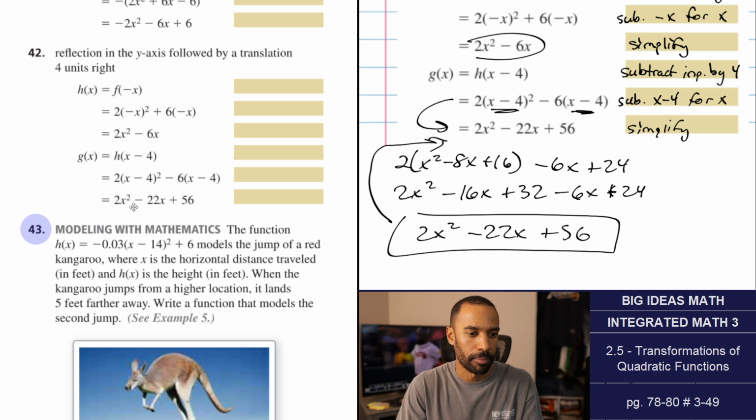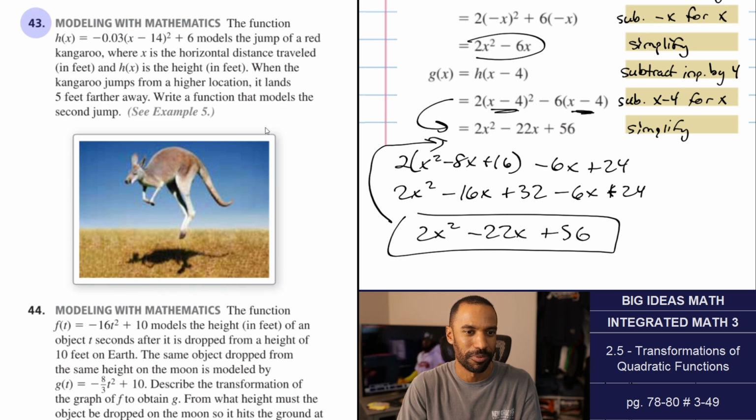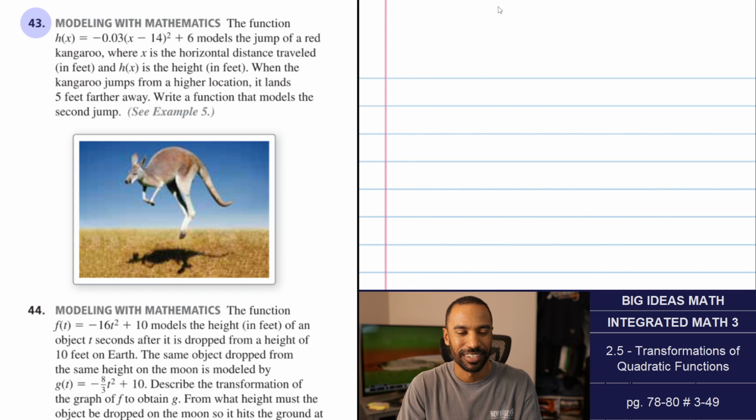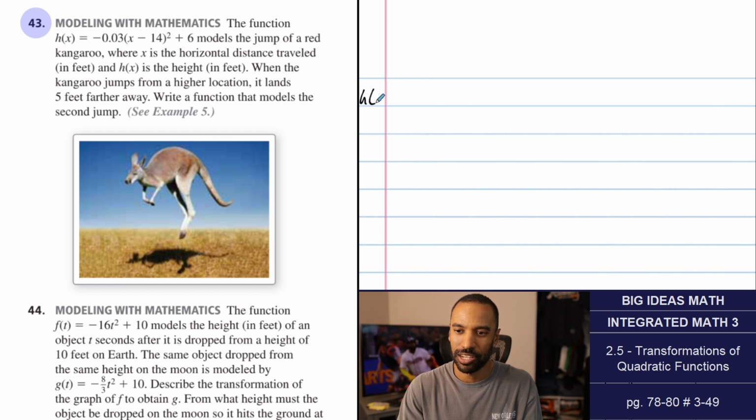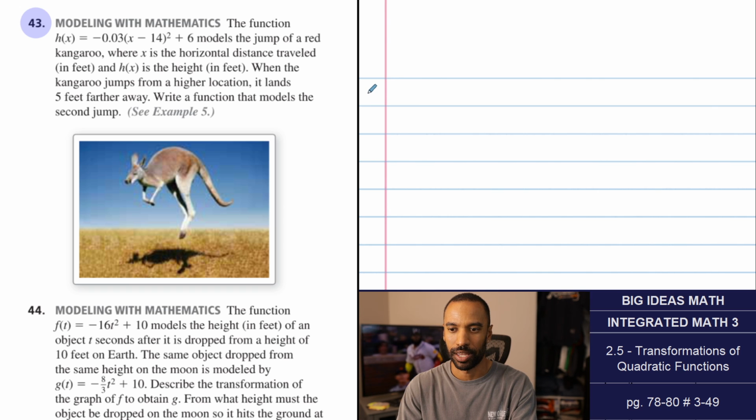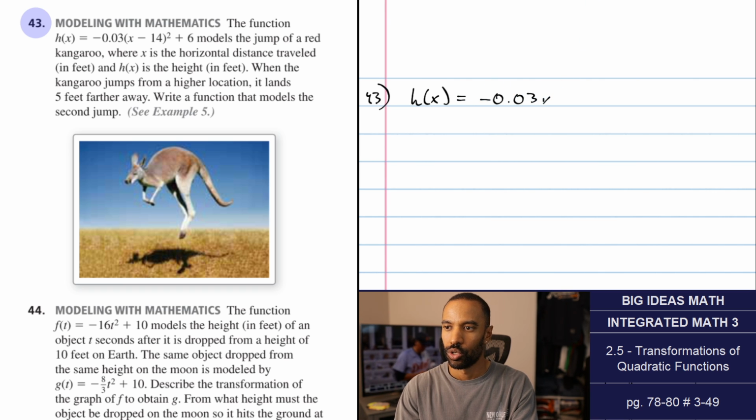Aha, we did do word problems, or we did do examples with word problems before, the kangaroo. The function h of x equals, let me write this, models the jump of a red kangaroo. So 43. H of x equals this. Ooh, it's in vertex form.